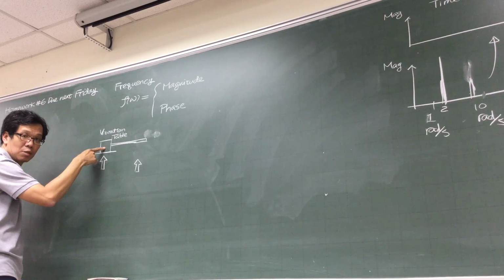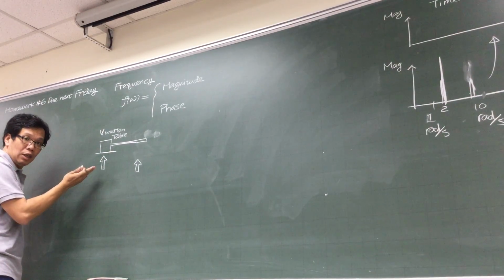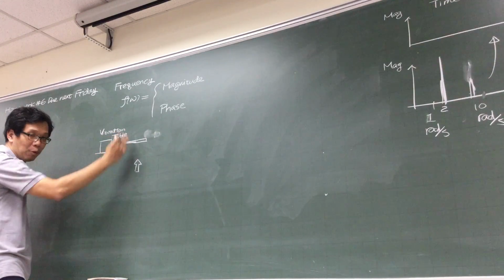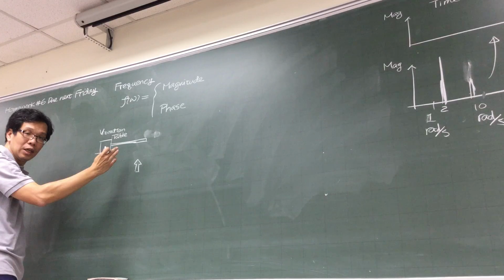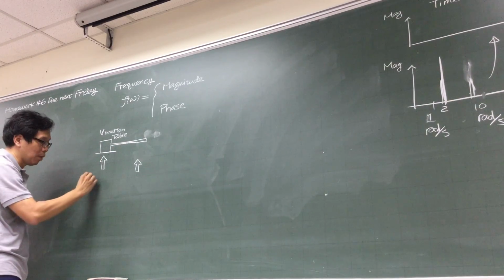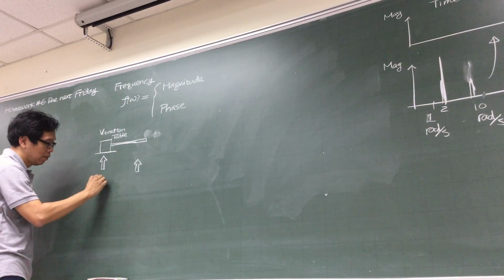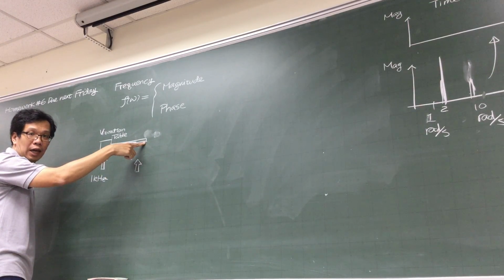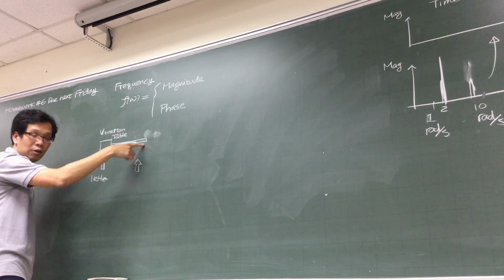If this one becomes faster and faster, what happens? You're going to see this one maybe 1 cycle behind. And if this one goes to maybe 1 kilohertz with small magnitude, you cannot see anything happening over here, right?